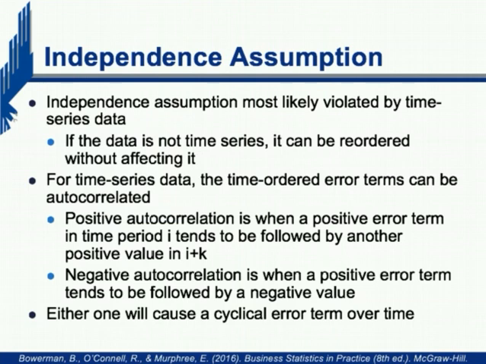Positive autocorrelation refers to a positive error term that tends to be followed by another positive value, and negative autocorrelation happens when a positive error term tends to be followed by a negative value. This can be seen by a cyclical error term over time. You can see that the residuals follow a certain pattern.